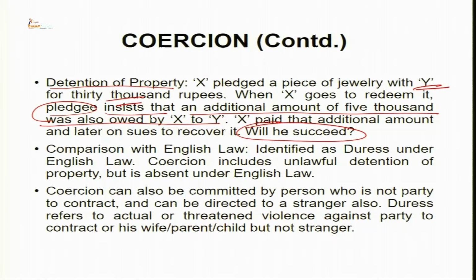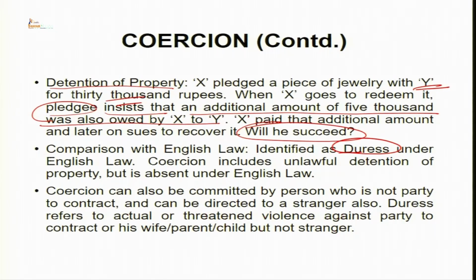Let us compare the concept of coercion under the Indian Contract Act with the concept of duress under English law. There are certain stark differences between the two. The concept of coercion is identified as duress under English law. Now let us see how we can distinguish between them.